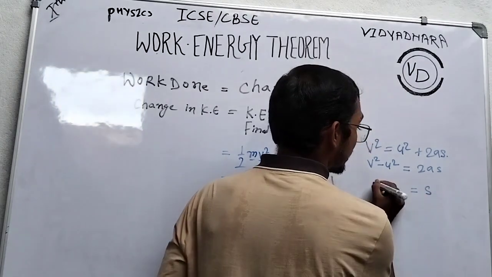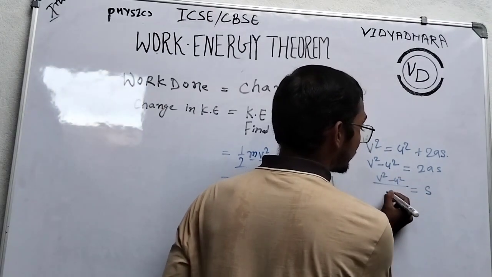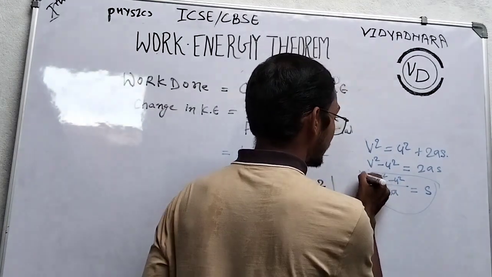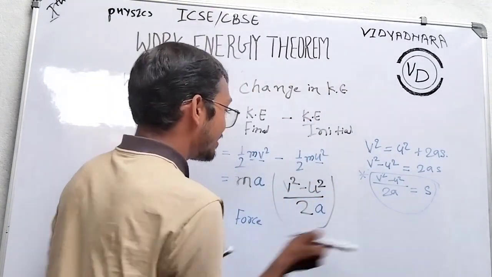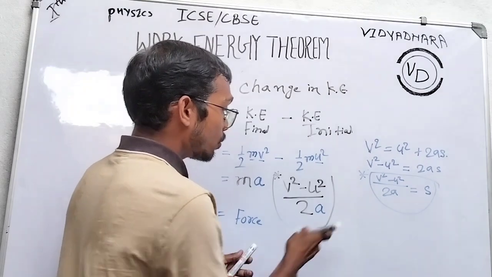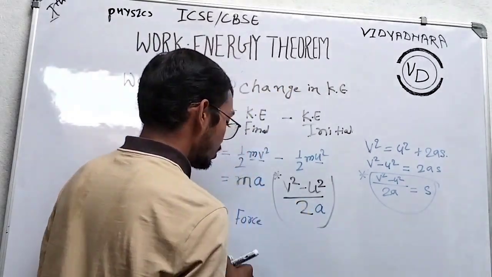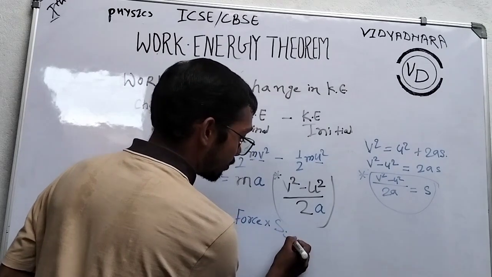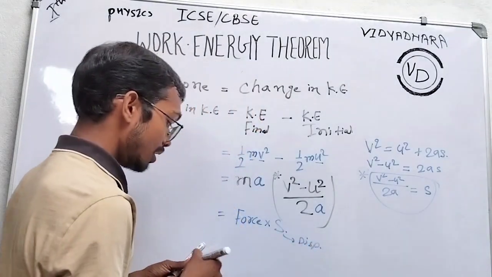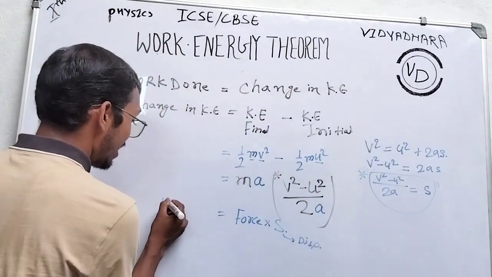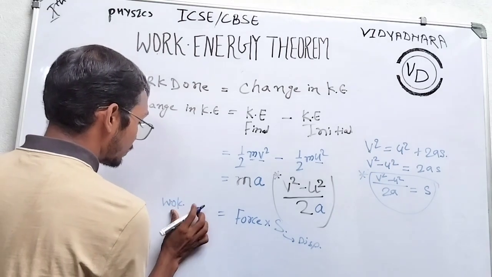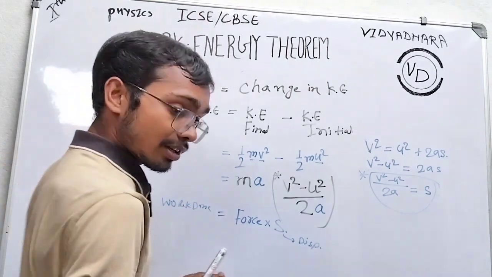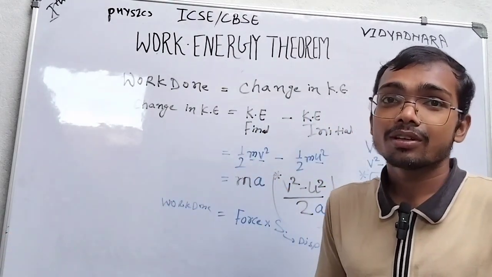So s is equal to v square minus u square upon 2a. This is the same as that, so what is over there? Force into displacement s. What is work done? Work done is F s. So this is proved.